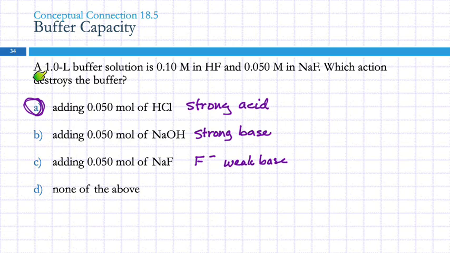Because you can think about it this way too. A 1 liter buffer that's 0.05 molar, that's 0.05 moles of F minus. And we're adding 0.05 moles of strong acid. That's going to use up all the conjugate base, and it won't be a buffer anymore. What if we add more F minus to this? Is that going to destroy the buffer?